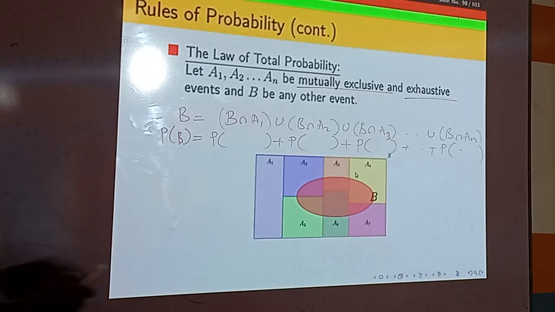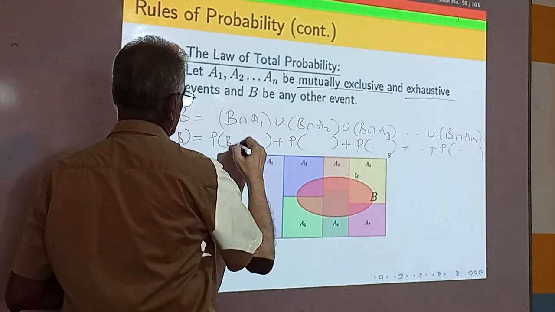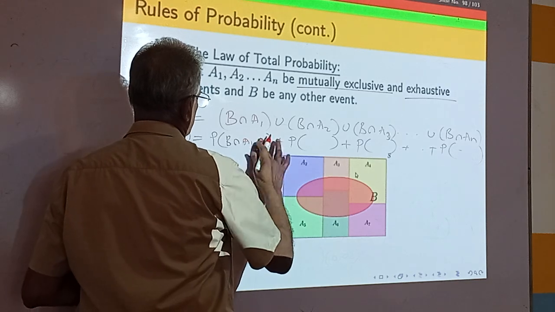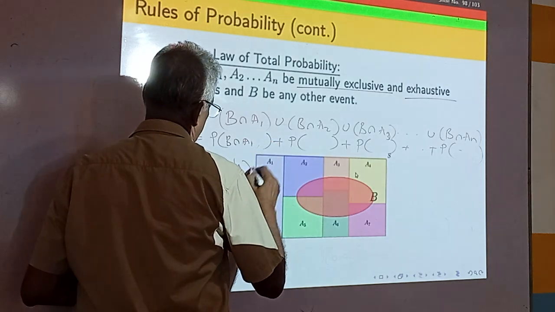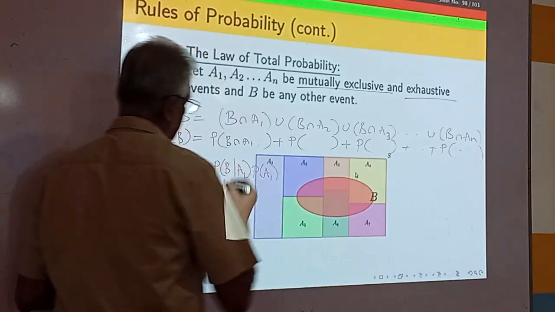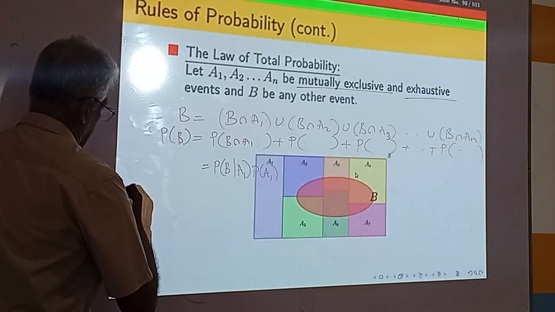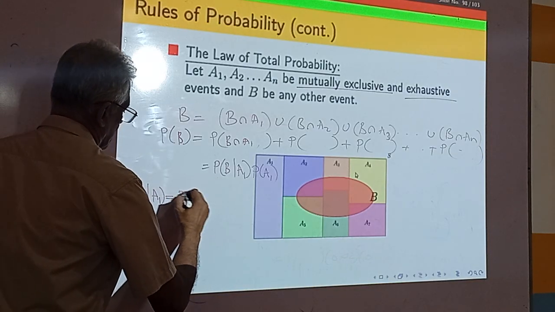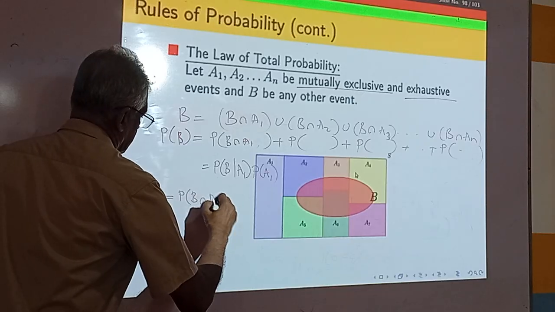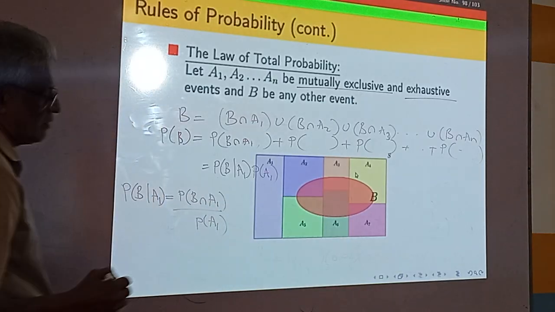Now we can write down all these intersection probabilities. Probability of B intersection A1 can be written as probability of B given A1 times probability of A1, from the definition of the conditional probability, right? Because conditional probability of B given A1 is equal to probability of B intersection A1 divided by probability of A1.